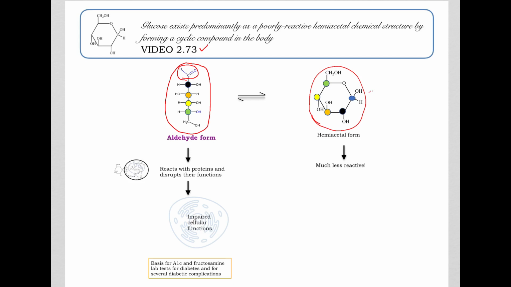But we do have the aldehyde in the non-cyclic form, and it's this form that reacts with proteins and other amines. It eventually causes the side effects or the symptoms that are associated with diabetes.